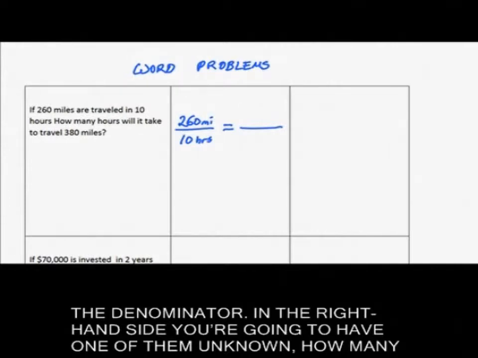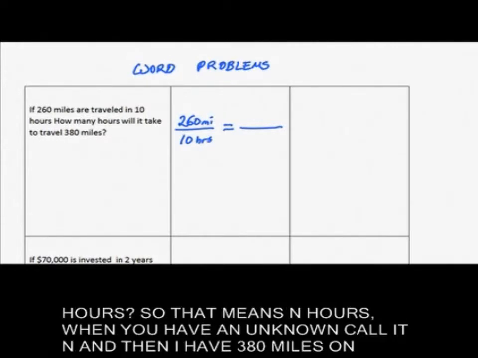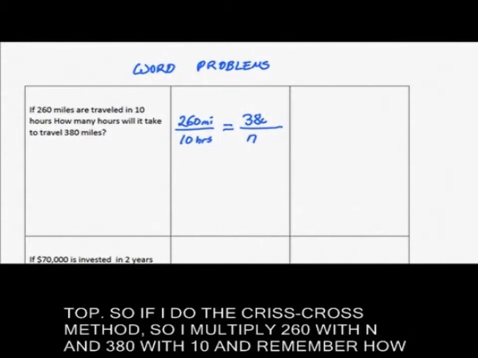On the right-hand side you're going to have one of them unknown. How many hours? So that means n hours. When you have an unknown, call it n. And then I have 380 miles on top. If I do the crisscross method, I multiply 260 with n and 380 with 10.